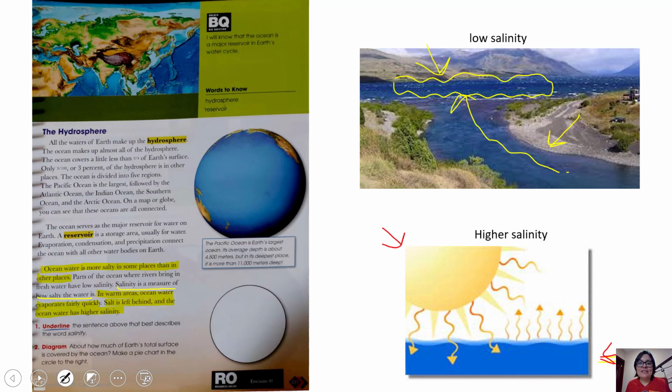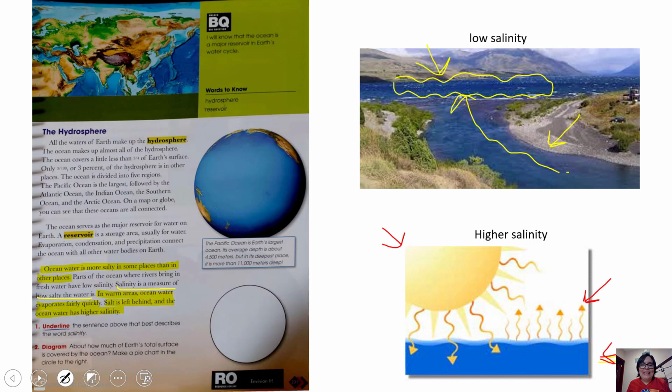What happens when the ocean is in areas that are very, very hot? Like the equator, where the sun hits the water more directly than in other parts of the earth. So evaporation, here you see evaporation, occurs quickly.